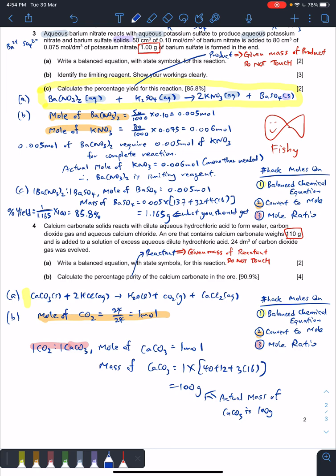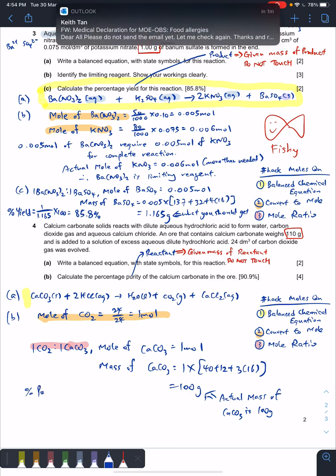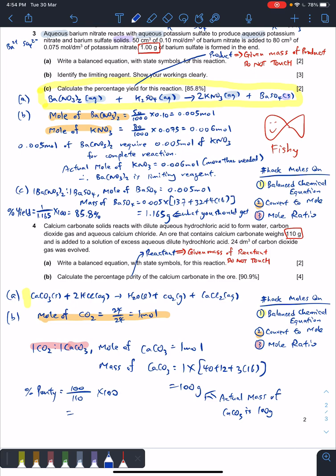But the sample is 110. So it's 100 over 110 times 100% gives you 90.9%, 3 significant figures. Alright, that's about it. Thank you. Bye bye.